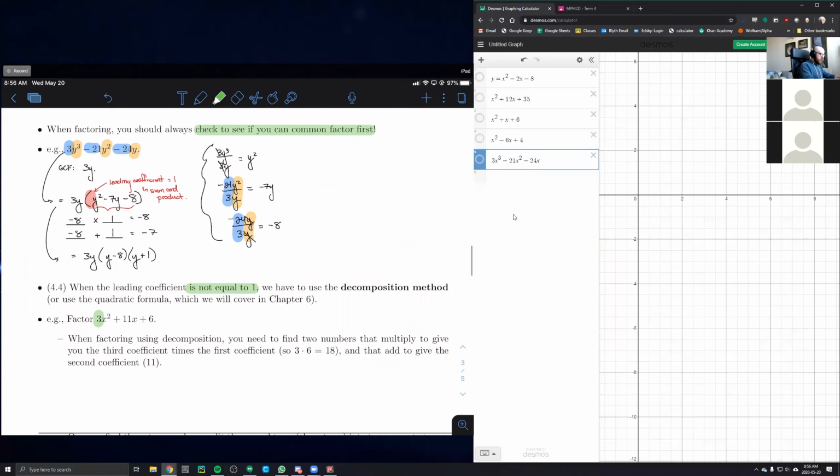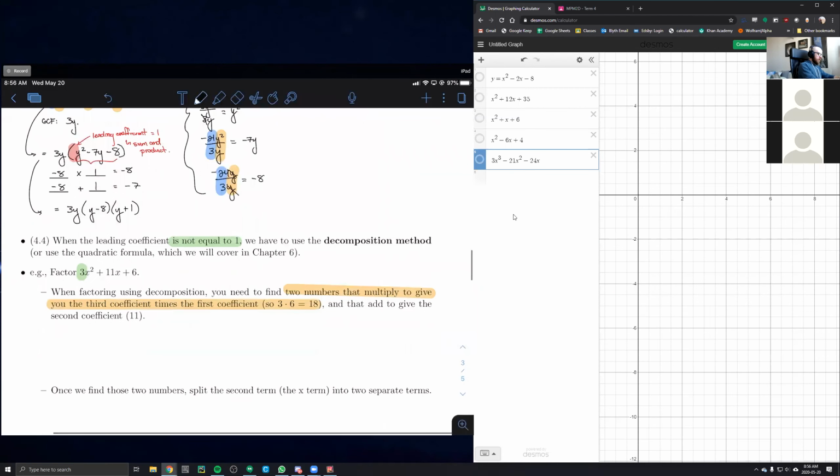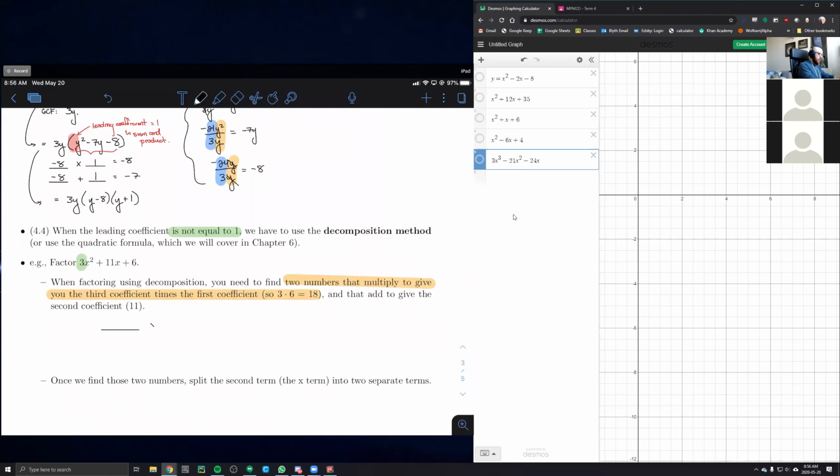So when factoring using decomposition, the process is somewhat similar. We need to find two numbers that multiply to give you the third coefficient times the first coefficient. Slightly different from sum and product, because here we're trying to find two numbers that multiply to give the first coefficient, 3, times the third coefficient, 6.